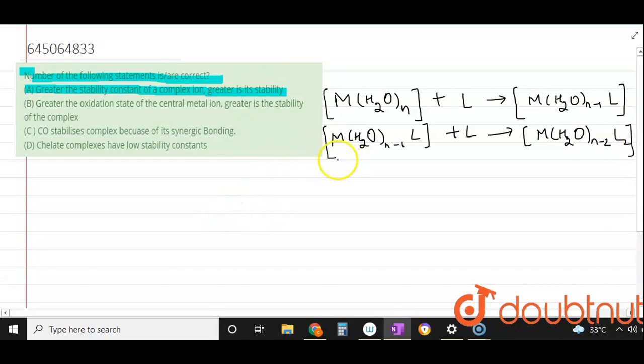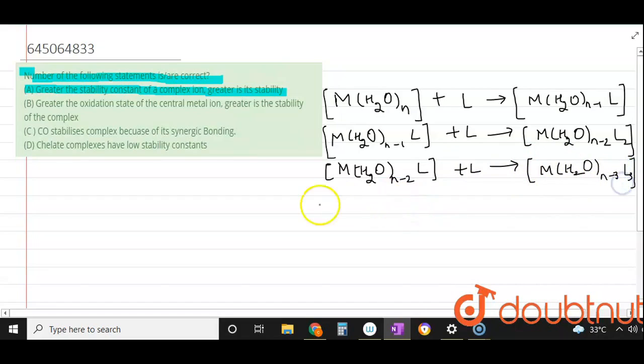This thing. Then the third step, another ligand comes, this process goes on until the nth step. In the end, this complex is formed.